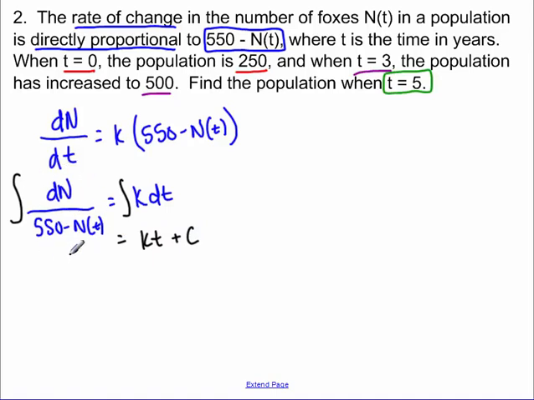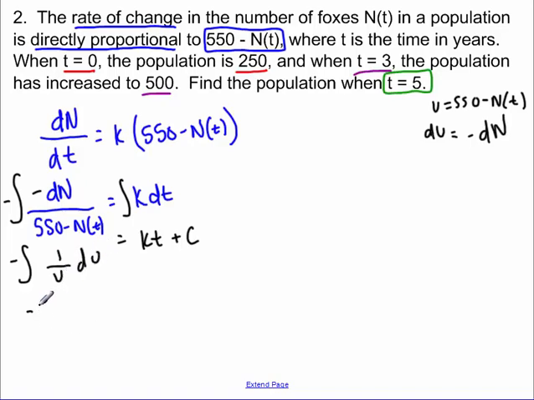The left side has a u substitution where u equals 550 minus n of t. So du is equal to a negative dn. So I need a negative outside and a negative. So then you have a u substitution of 1 over u du. So we get negative ln of our u.